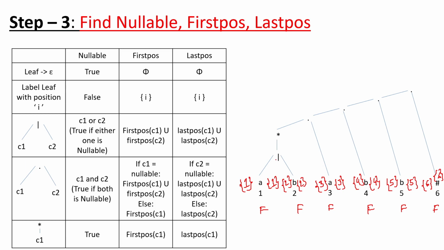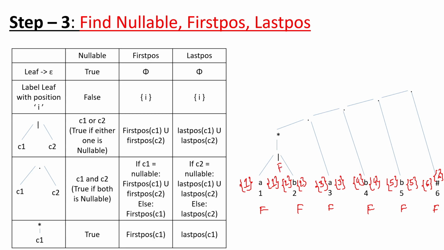Now here is an OR condition. For OR condition, what is its nullable condition? If C1 or C2, either one of them is nullable, then it is nullable. Its children are A and B. We can see that A is not nullable, B is not nullable. That means this OR condition will be false, that is, it is not nullable.